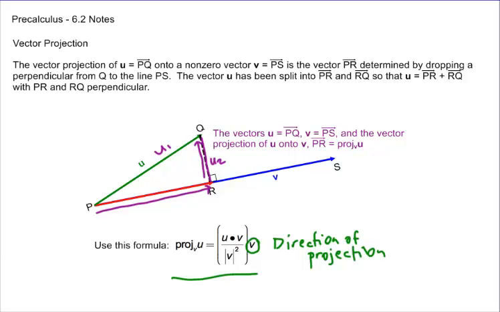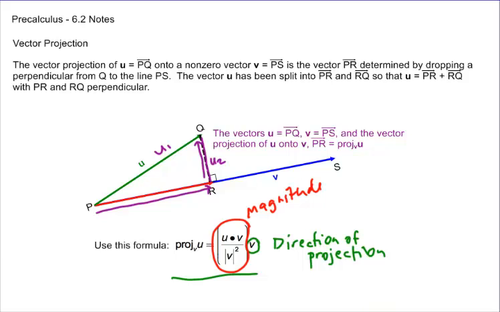And this part is going to end up being the magnitude of the projection. So we're going to have a magnitude and a direction. That's our vector. It's really interesting the way all this stuff works out.